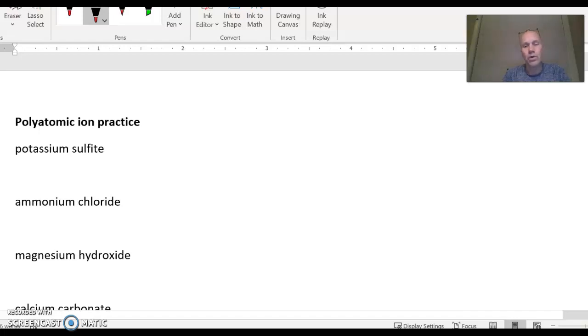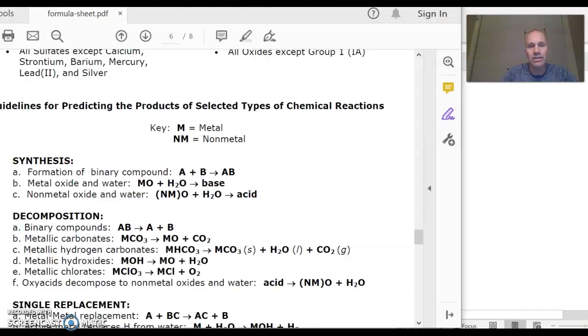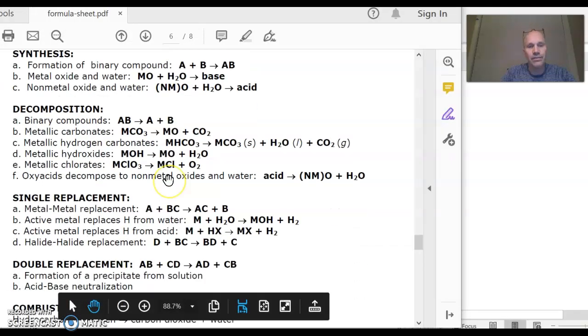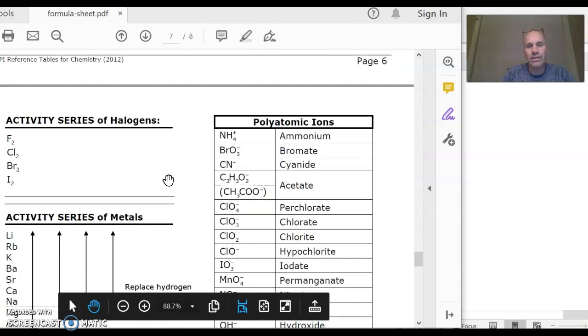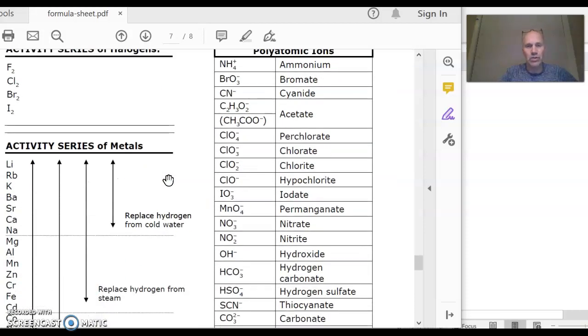One of the things you're going to want to make sure that you have handy is your reference guide, which you should already have. It's posted on my Canvas page in one of the earlier pages.